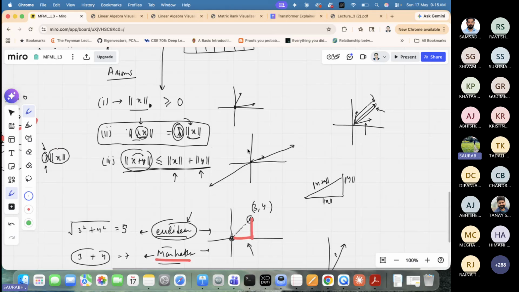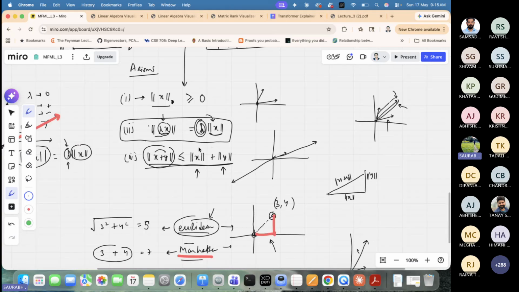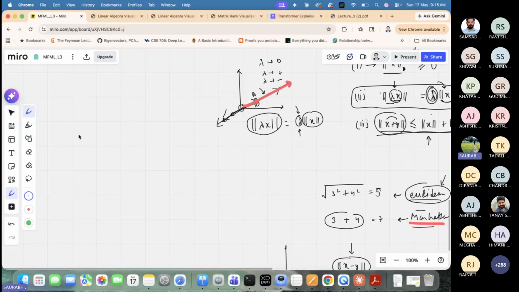So think of it as when you have the first vector, let's say 3, 4, and the second vector is 1, 1. Now the 3, 4 has its length as 5. 1, 1 has its length as root 2. So the combined length is 5 plus root 2. Now, if you add these vectors, you will get 4, 5.